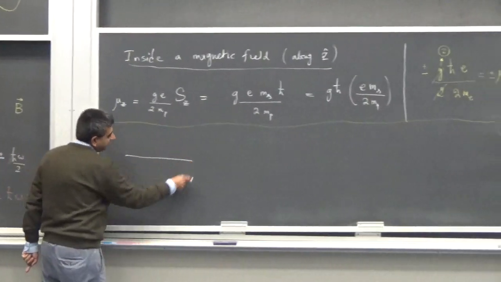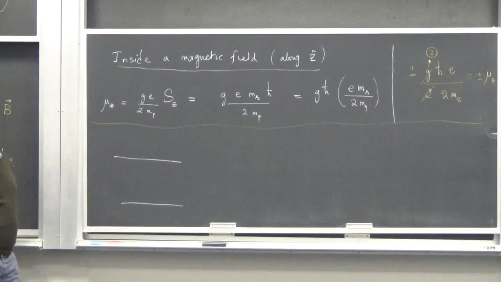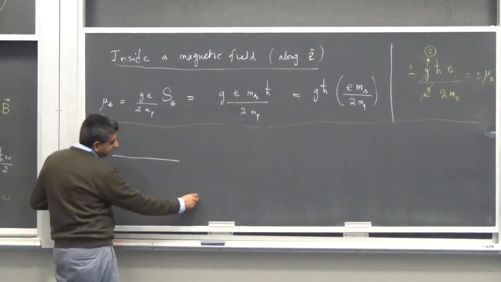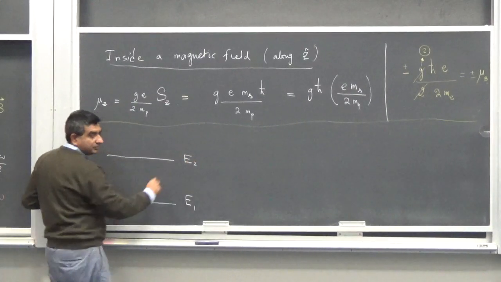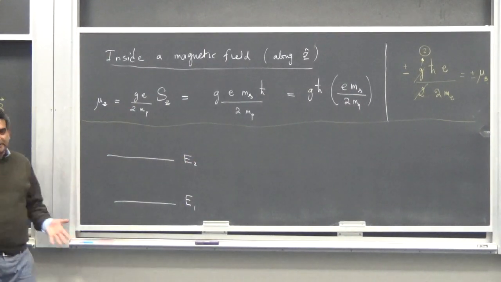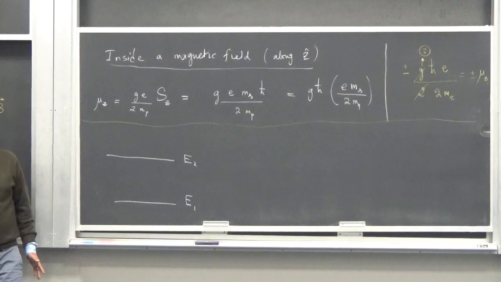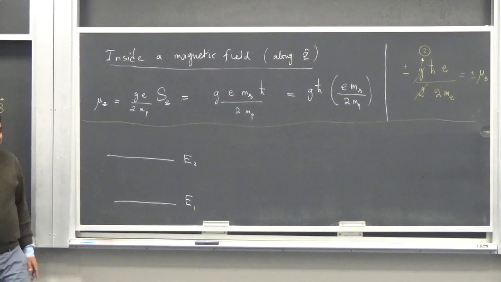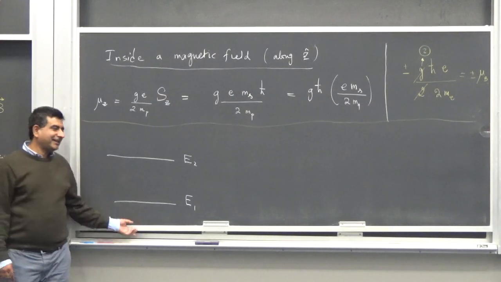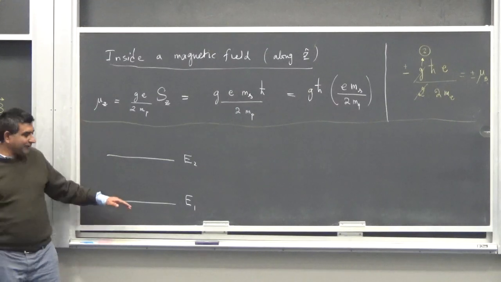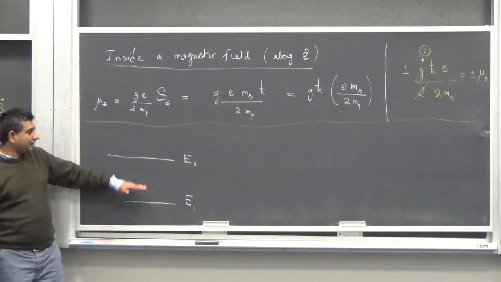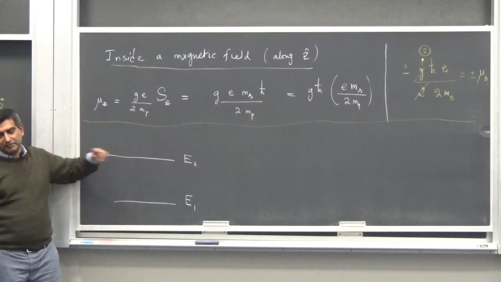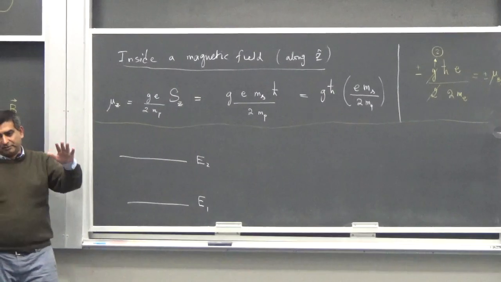You have 2 energy levels. So this energy is say E1. This is a high energy E2. And this system is at some temperature. So it's not that at 0 kelvins, of course, only this energy level is going to be populated. The possibility of this state being populated is 0%. But there is a distribution.